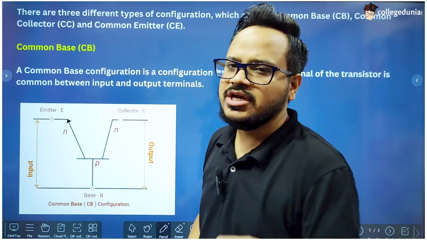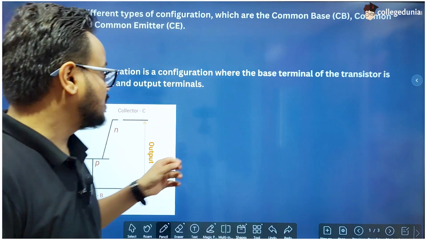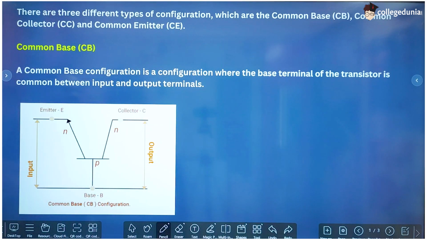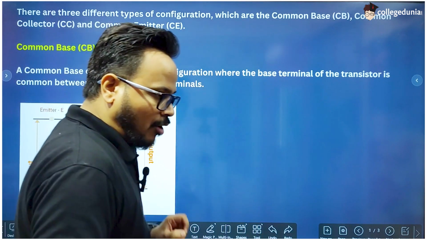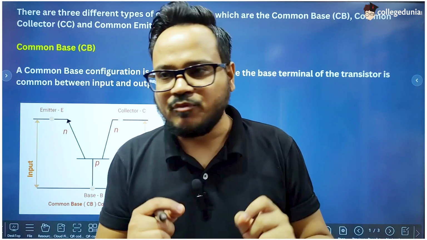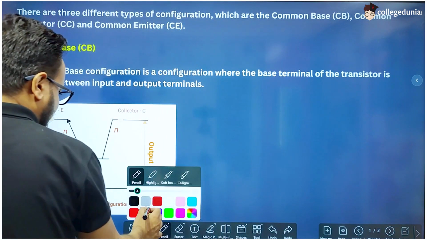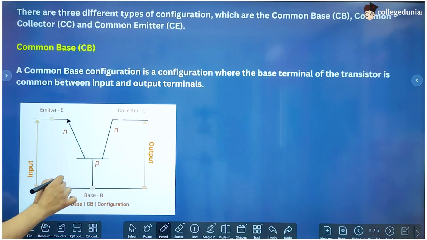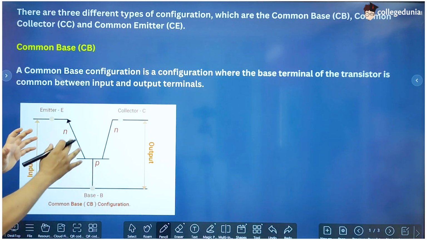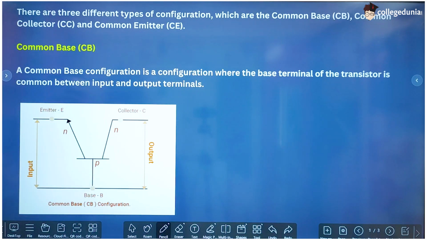Now we are going to see each of these configurations, starting with the common base configuration. This is the configuration that we have just studied, where the base is common to both input and output circuits. Here you can clearly see that this is an NPN transistor which is connected in common base configuration.